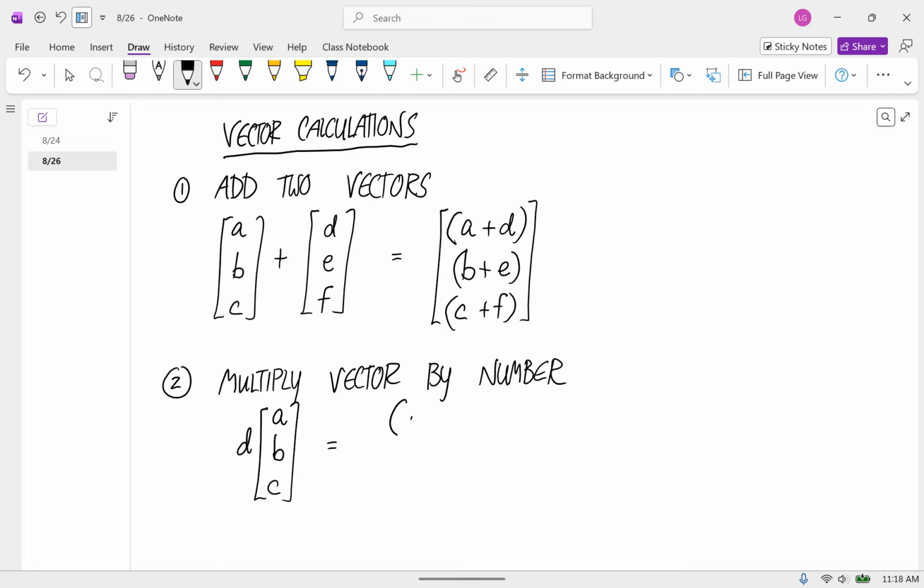So the X component would be dA, the Y component would be dB, the Z component would be dC.